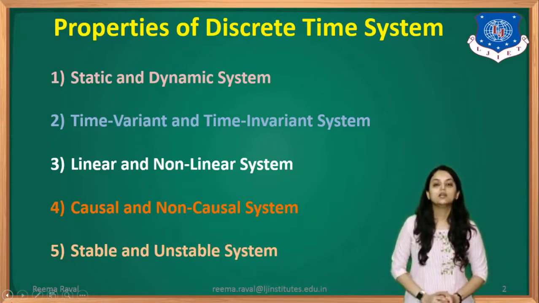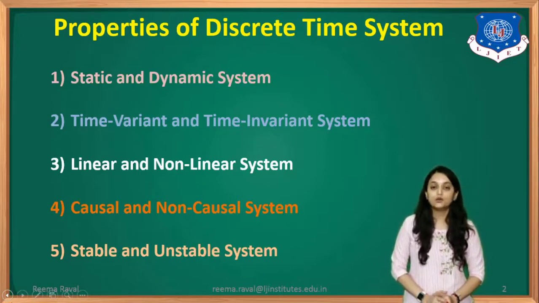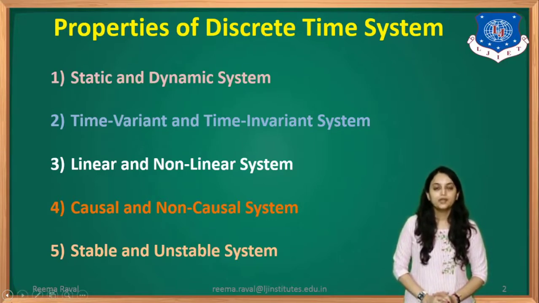We have seen the concept or definition of each of these properties in the previous session, that means how we can check whether the given system is static or dynamic, linear or non-linear, and so on. Now let's start with the example.